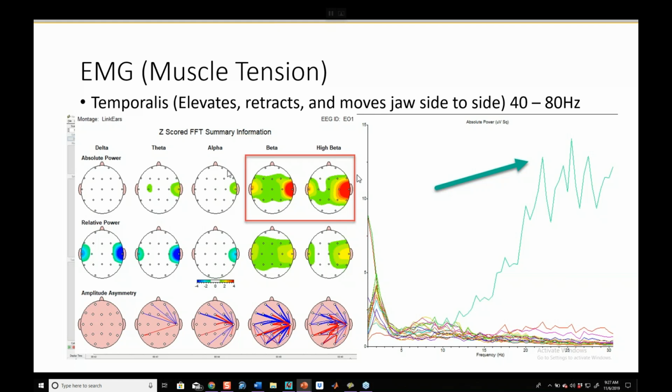Regardless of what software you use, you're going to end up with a contaminated map, and worst case scenario with your patient, you'll have to explain it, but you can say, oh, don't worry about that red spot at T4. It's EMG, it's jaw muscle.